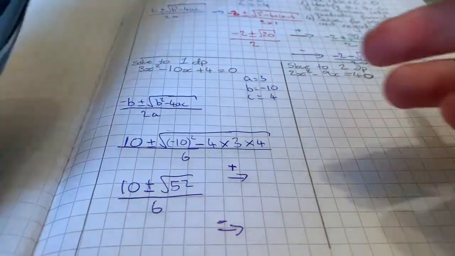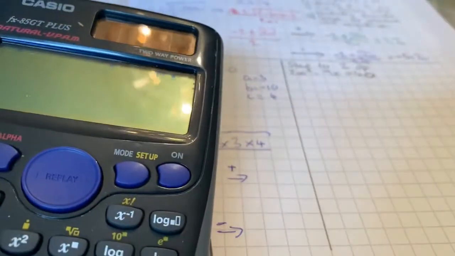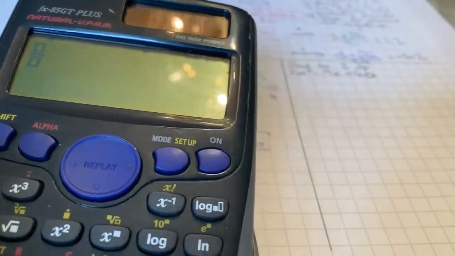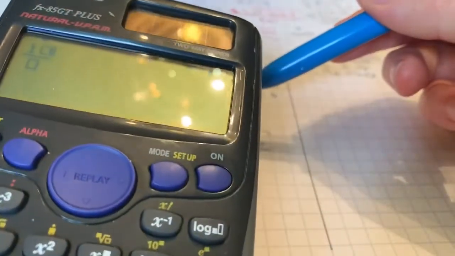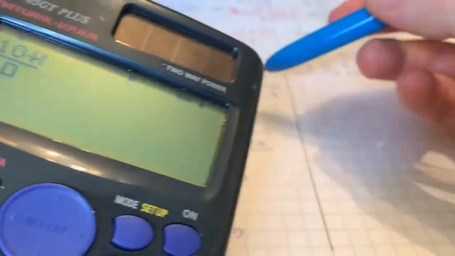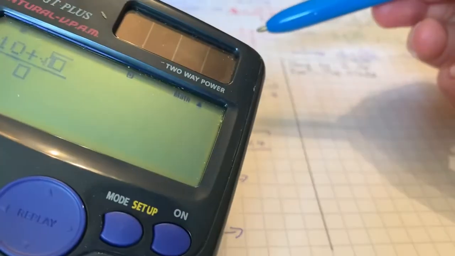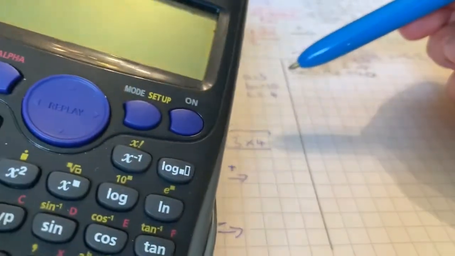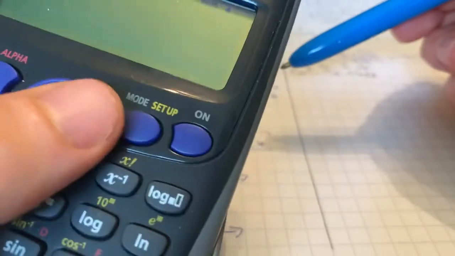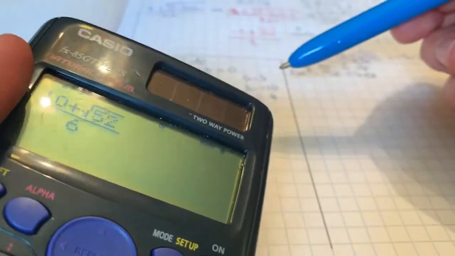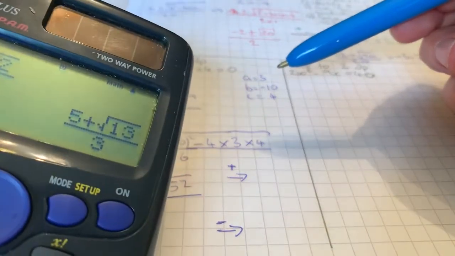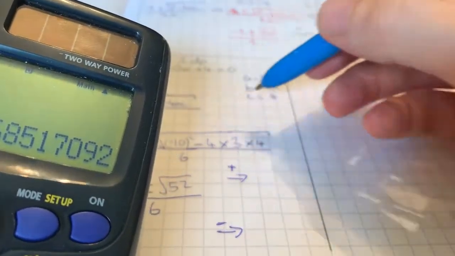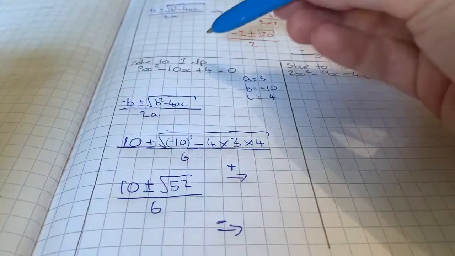So if you're smart, you can put this in your calculator once. So you press the fraction button and then start. So we've got 10 plus square root 52 all over 6. So you press equals. Okay, and I get an answer. So it wants one decimal place in this question.